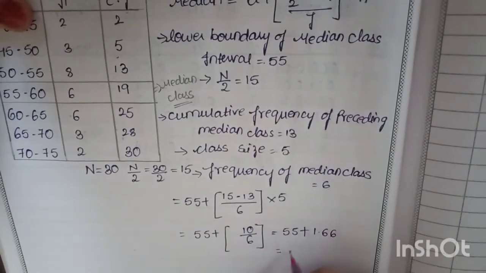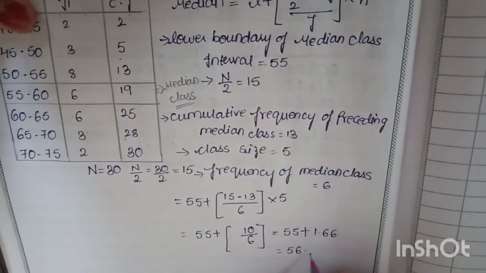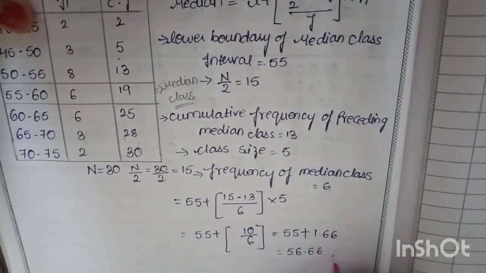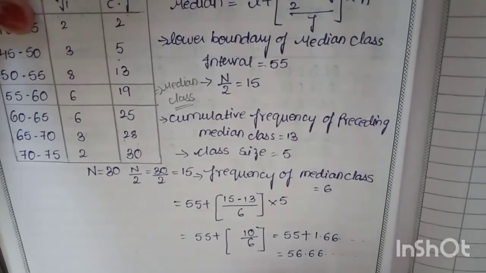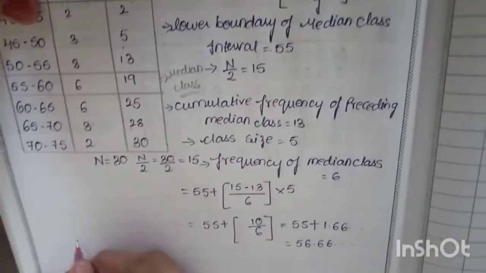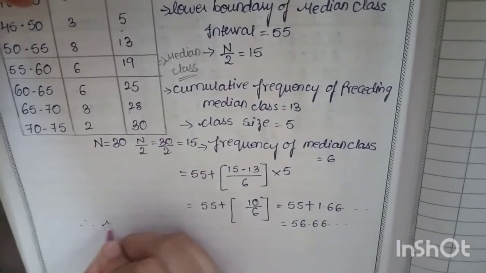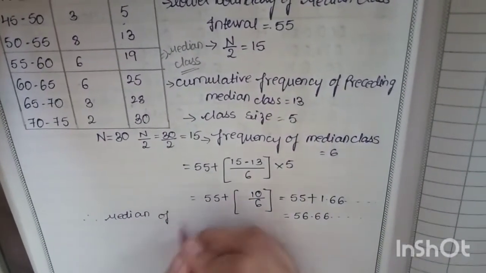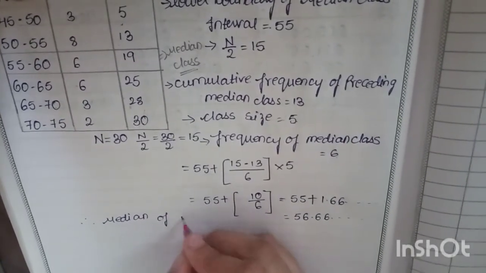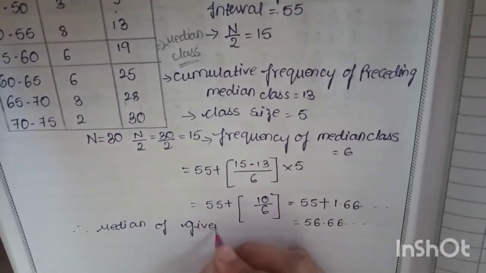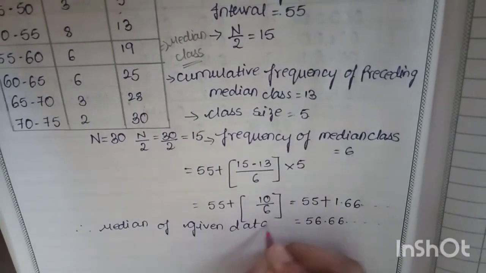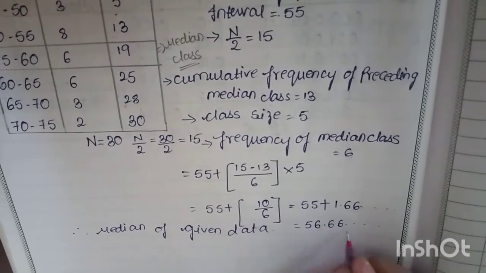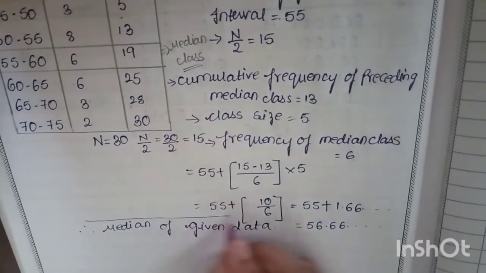So when you add this, it is 56.66 and so on. Therefore the median of the given data is equal to 56.66.